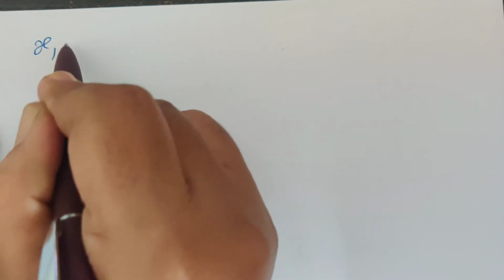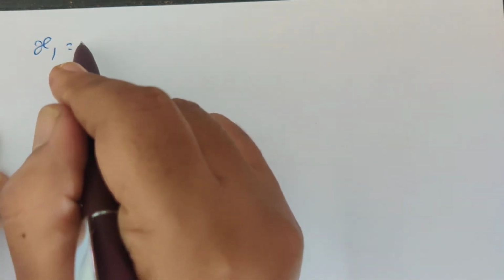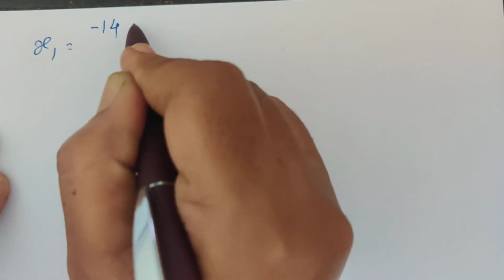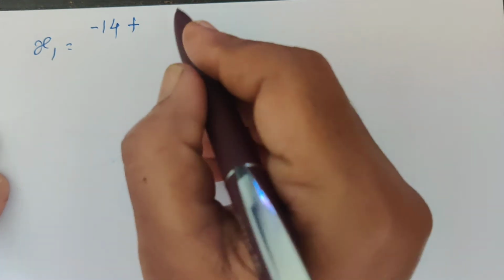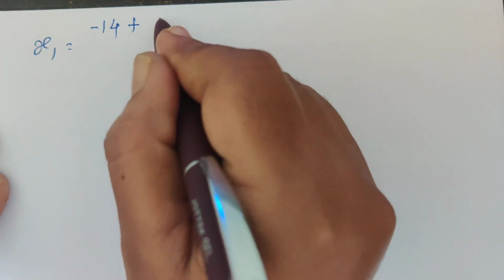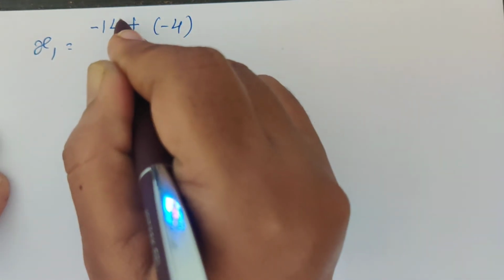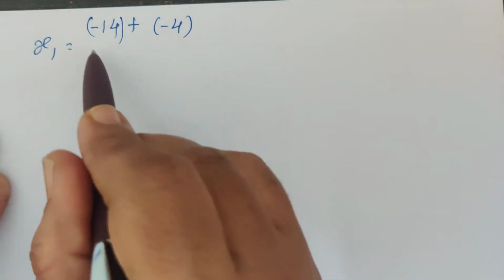So x1 is equal to minus 14 plus Q's coordinates, suppose x2, y2, that is minus 4, upon 2.